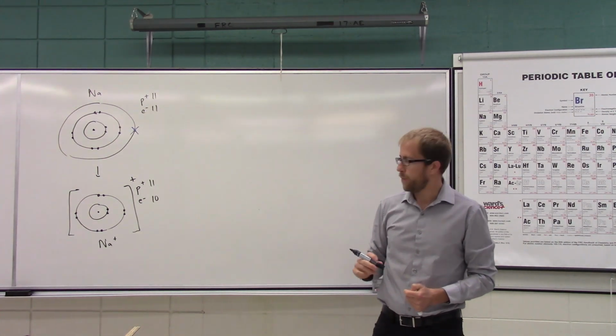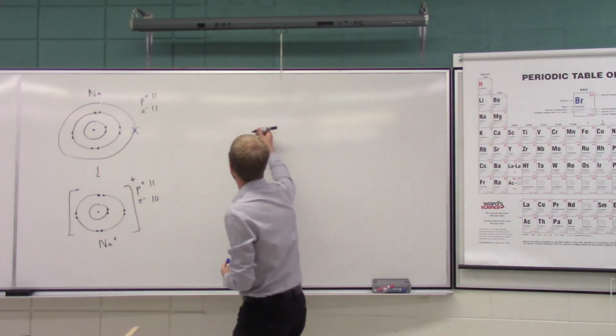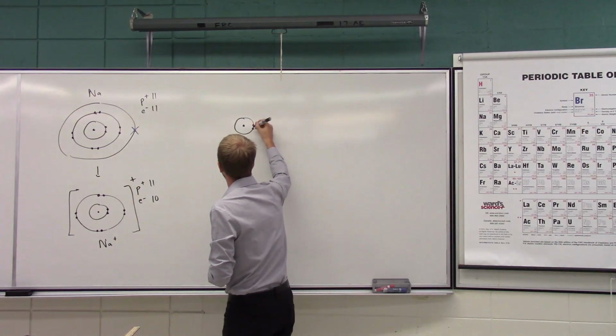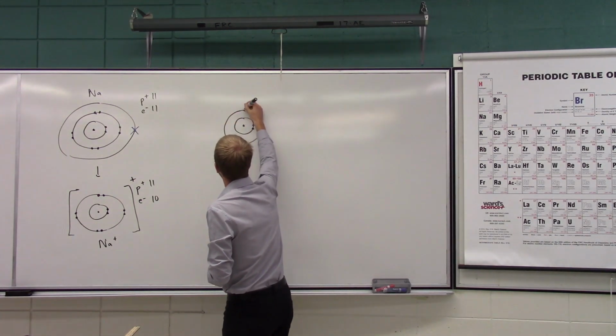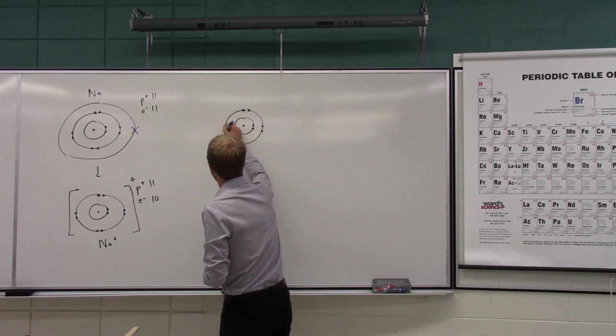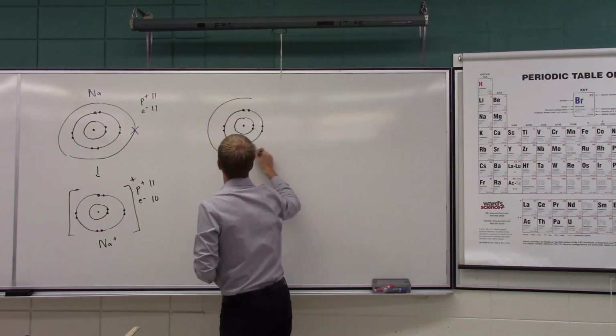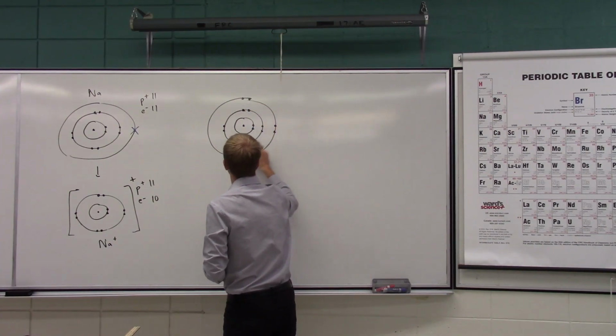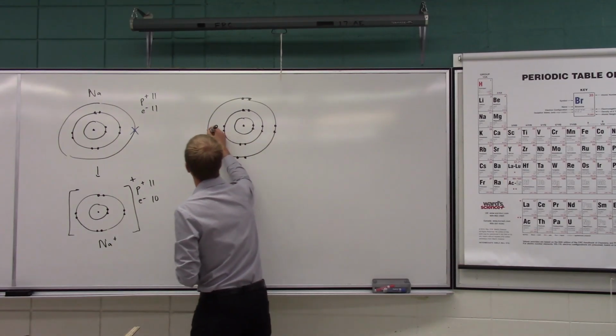Let's look at a different element. Let's look now at chlorine. How many electrons does chlorine have? 17. Has 17, right? What does chlorine want to do? Gain 1 electron.